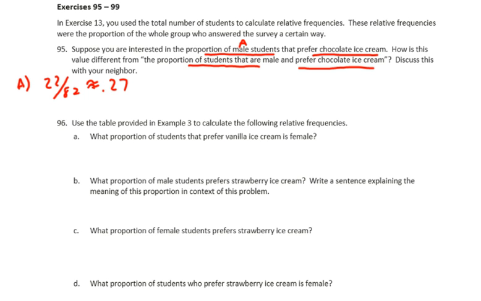And B, students that are male and prefer chocolate ice cream is 22 out of 45. So I'm only looking at the male students and what proportion of them like chocolate ice cream, which is approximately 0.49, which is a different scenario than each other. So you have to be careful of the wording of the question to decide which numbers to use.